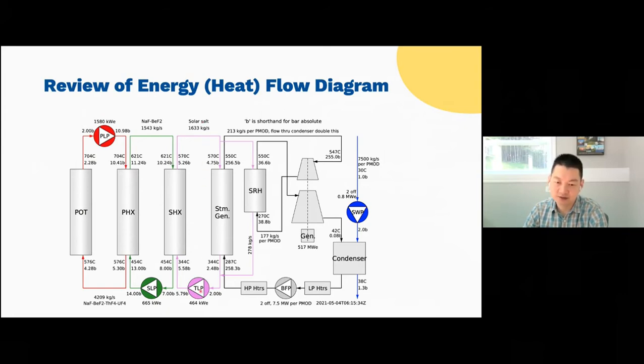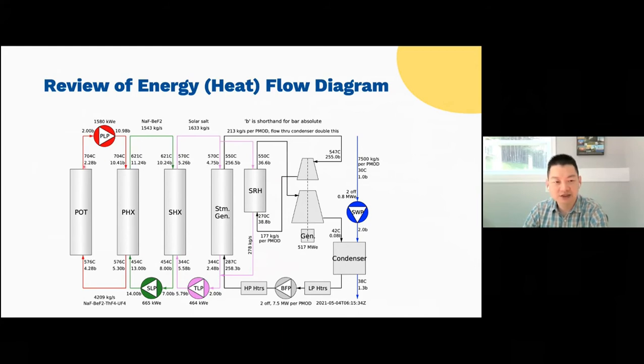It's a third loop, again, a salt loop. And the fourth loop is a steam loop. So we have the feed water pumps and everything that circulates steam and water. And there are also bypasses.